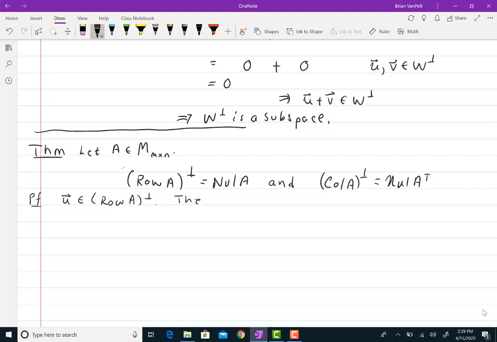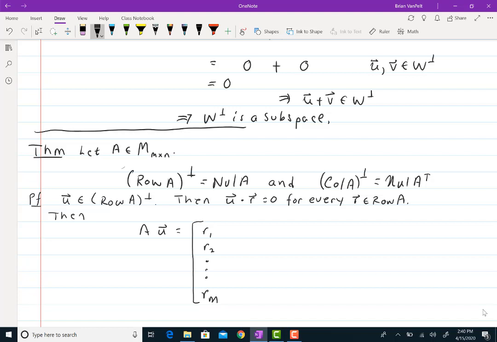Then u dot r equals 0 for every r in row A. Then, when I take A times that particular vector, let me break A up into rows. R1, R2, up to Rm, times u.